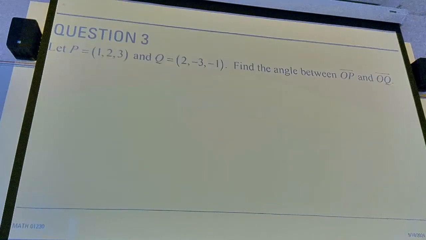Find the angle between these two directed line segments. In general, we can always take O to mean the origin, right? Okay.